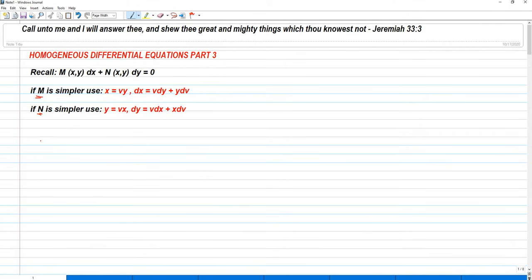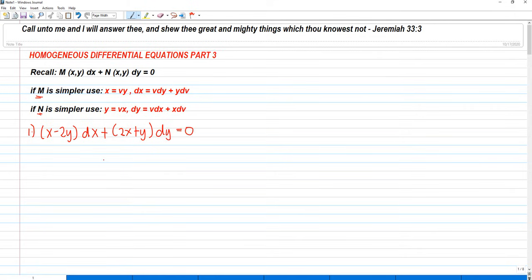Okay, so let's get started. A homogeneous differential equation, again, is one where each term has the same degree for dx and dy. So for number 1, we have the quantity x minus 2y dx plus the quantity 2x plus y dy equals 0.